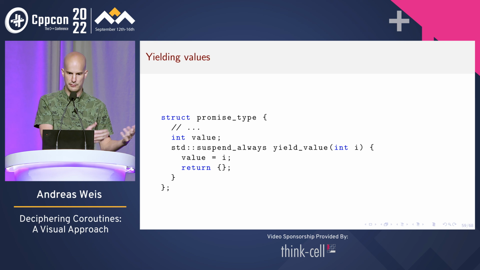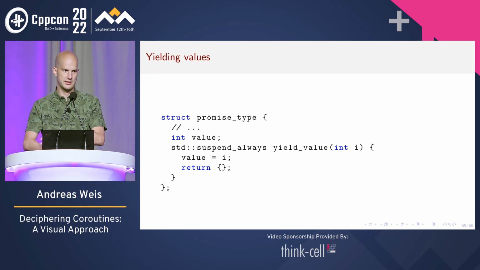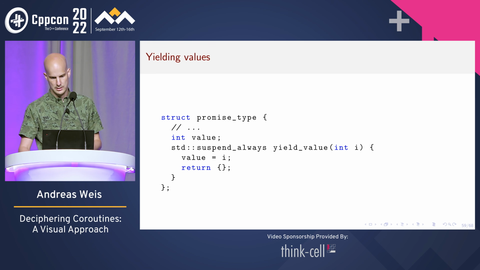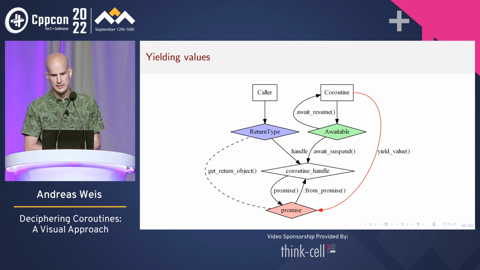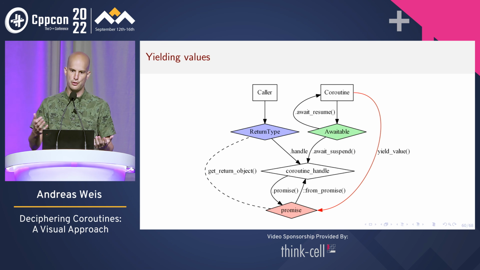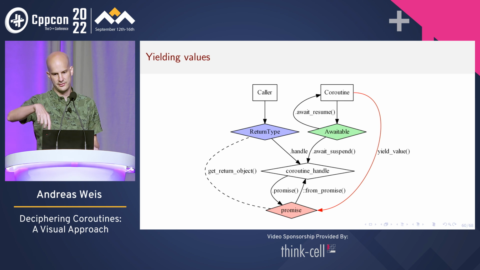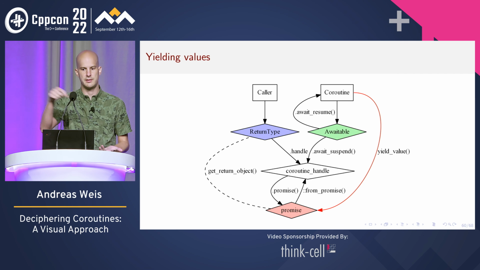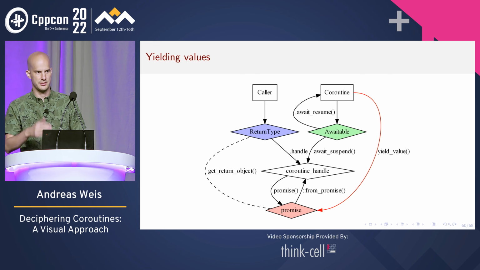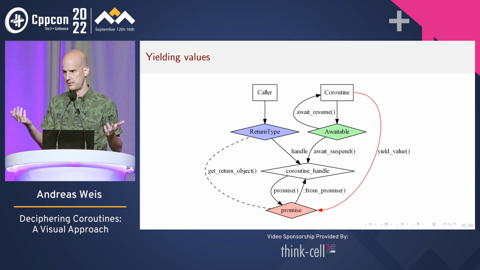And then the awaitable that I return is just suspend always, which just says, okay, I'm done, put me to sleep. So in this sense, yield value is like a shortcut, right? If I do co-yield, then I don't have to do this dance going through the awaitable and through the await suspend function. I can just store the data directly into the promise, and that simplifies things a bit.